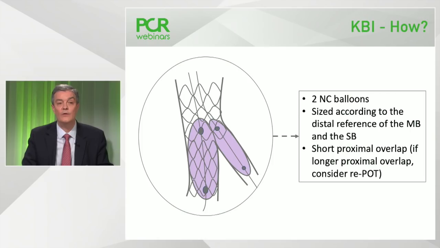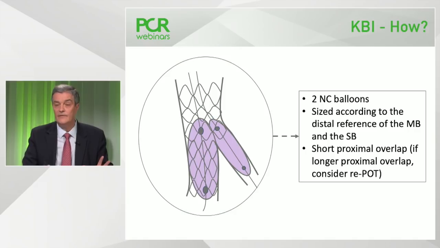Yeah, to avoid or to limit these detrimental effects of kissing, we try to standardize the way we perform kissing nowadays. So this is the picture of how we believe it should be done. We should select short, non-compliant balloons if we want to do kissing. Especially it's relevant for the side branch, because we really don't want, by increasing pressure, to dissect the ostium of the side branch.